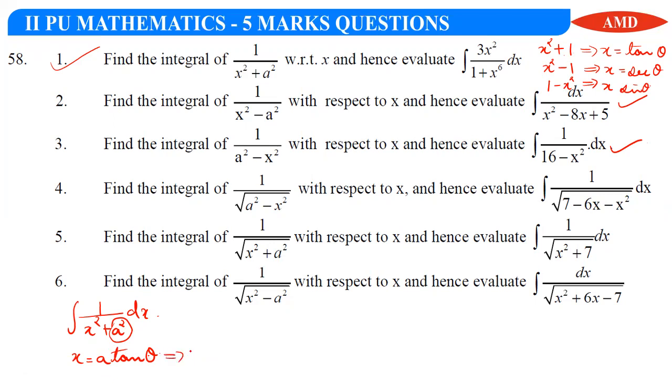This implies theta is equal to tan inverse of x by a. Let it be this now. First thing, I'll differentiate this part. That is dx is equal to a, a constant, into secant square theta into d theta, since I've differentiated with respect to theta.